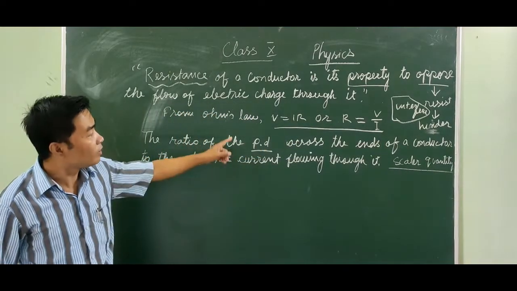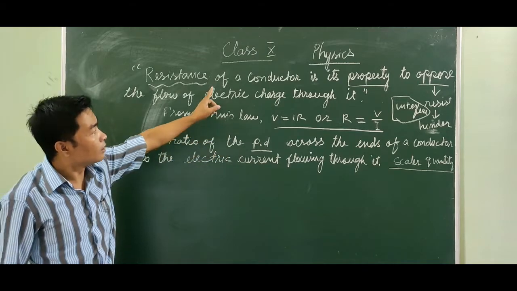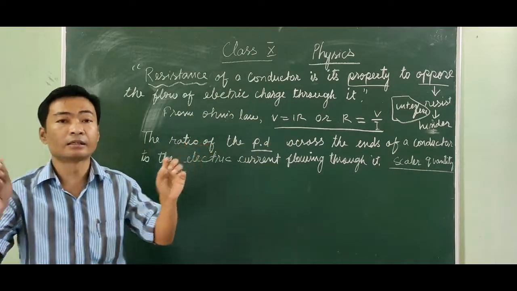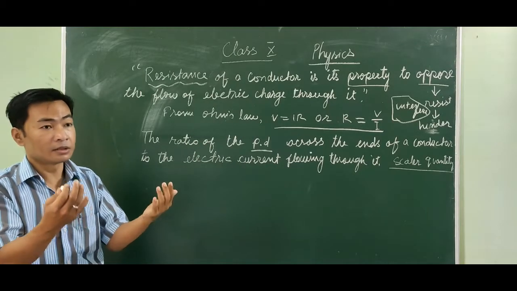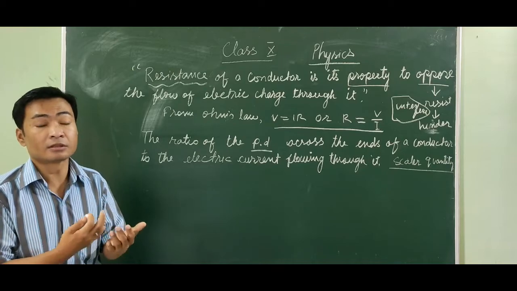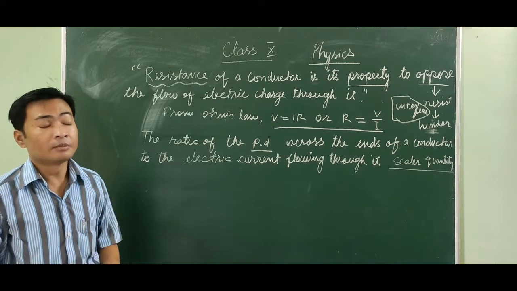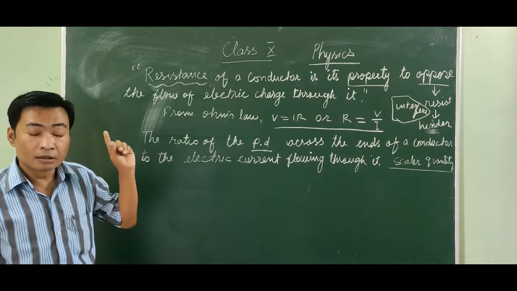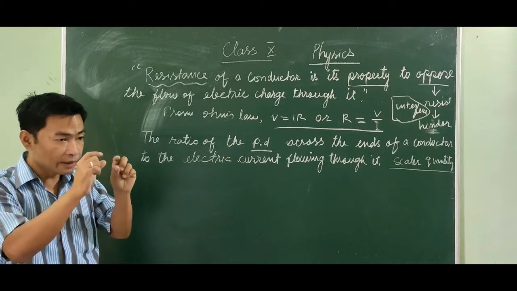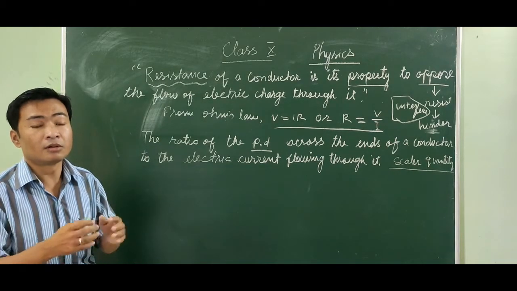But before we use this, let's go back to opposition and resistance. What happens in the conductor that makes the electric current flow slowly or with difficulty, or resist? Because of the collisions of the charges. What are the charges? The electrons. The particles which are moving in the conductors cannot move easily because of the collisions or hindrance.